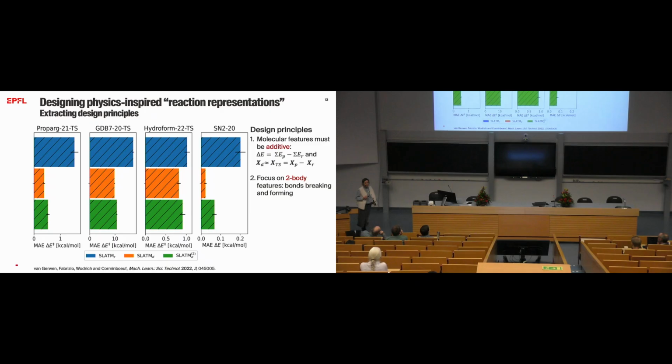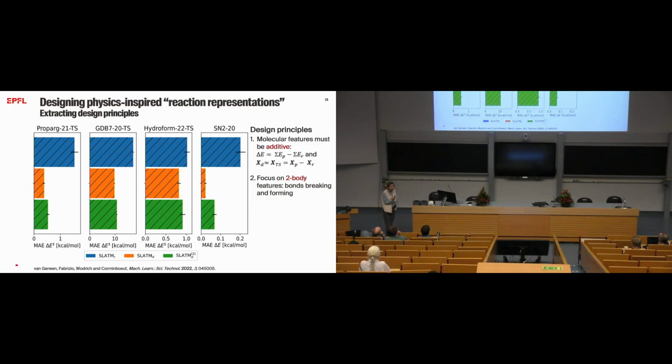The second design principle is that since it's a reaction that you're trying to map or capture, the most important thing is really forming and breaking bonds. So you can focus on the two-body terms, which are there to represent that. The one-body terms will kind of cancel; it's which atom type is present.